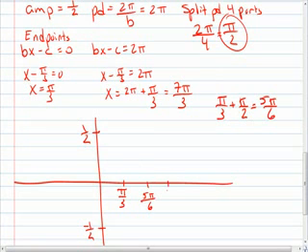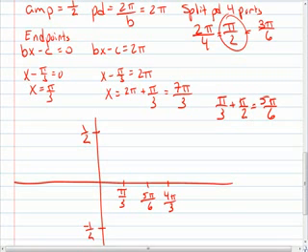And we're going to have to add another pi over 2, or 3 pi over 6. That's going to give us 8 pi over 6, which is going to be 4 pi over 3. And we're going to have to add another pi over 2.